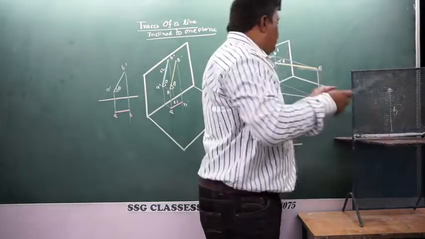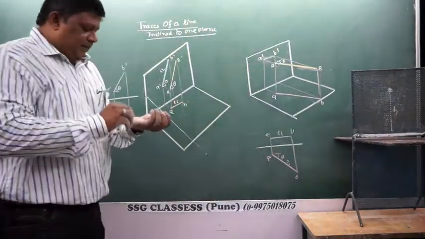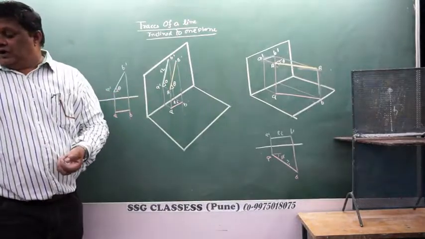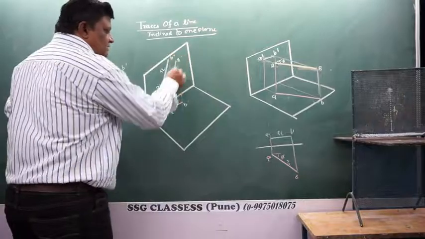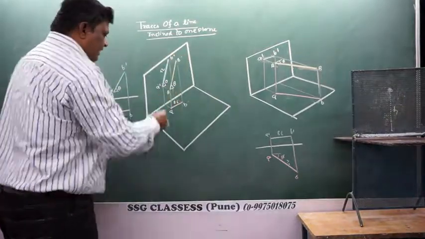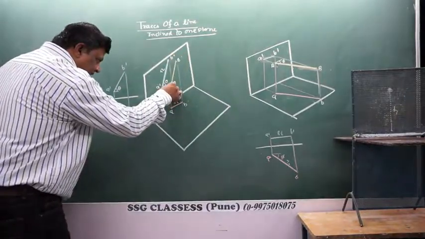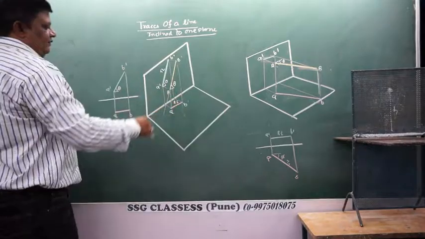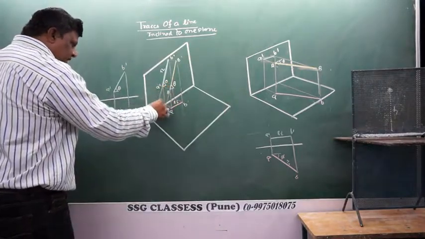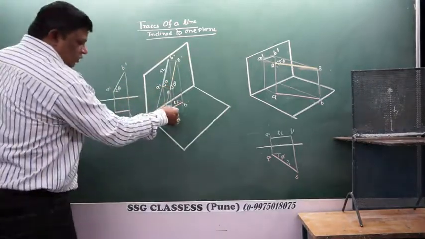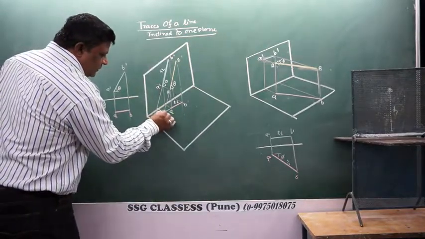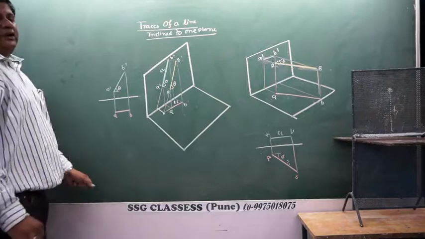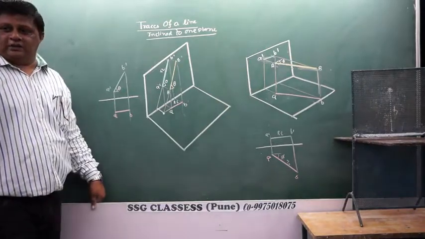Am I clear? Now, look at this diagram. If the line is extended, so actually, to be truly speaking, this line does not exist. But as we are taking it as a reference, if this is extended like this, then definitely its front view will also be extended like this. Its top view will also be extended like this. And this is the point where my line is going to intersect the horizontal plane.